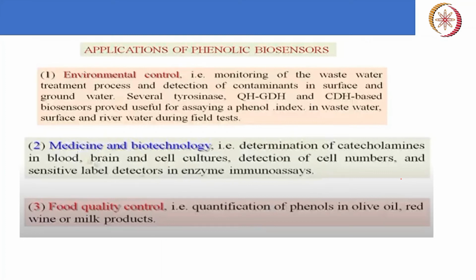To know the percentage, or to know whether a particular phenol is there or not, the phenolic biosensor is applicable. This phenolic biosensor is also applicable in medicine and biotechnology.